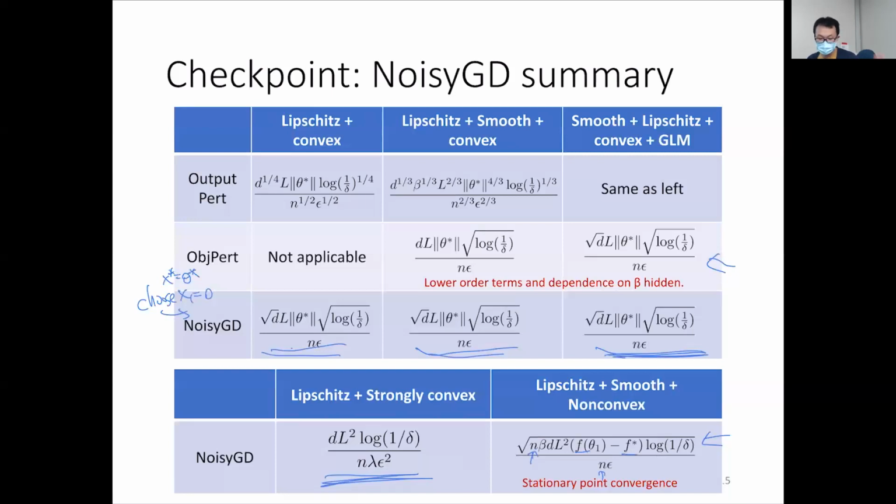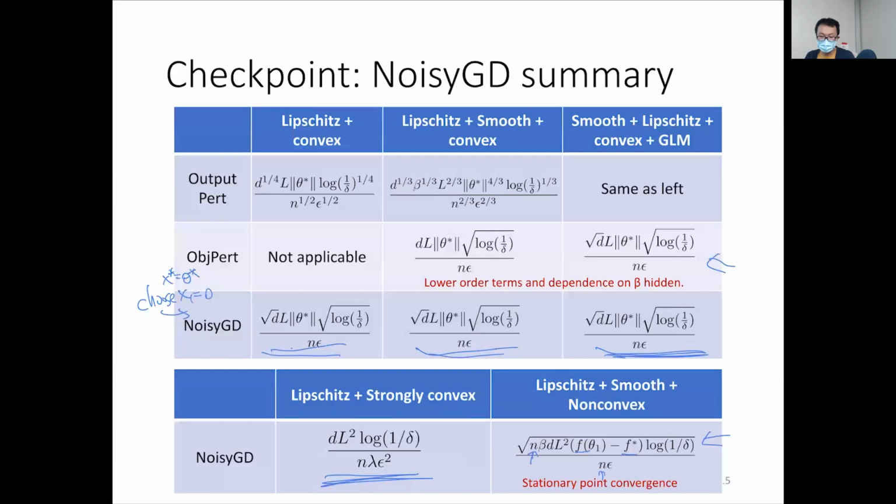So this convergence bound might be trivial in some cases, but in other cases, when we actually have access to a good initialization, such that f(theta_1) minus f star doesn't depend on n, or suppose we can show that the Lipschitz constant or the smoothness parameter for the summation of all loss functions is substantially smaller than n beta, then this would also give us something that goes to 0 as n goes to infinity.